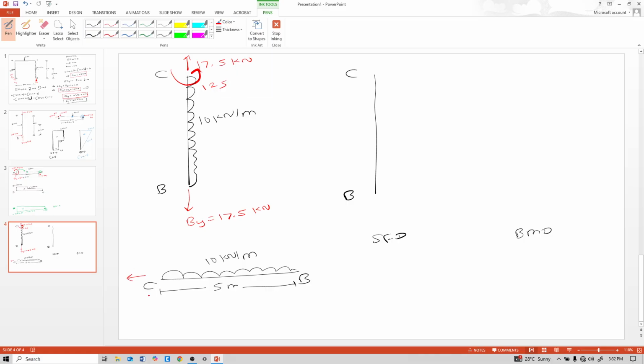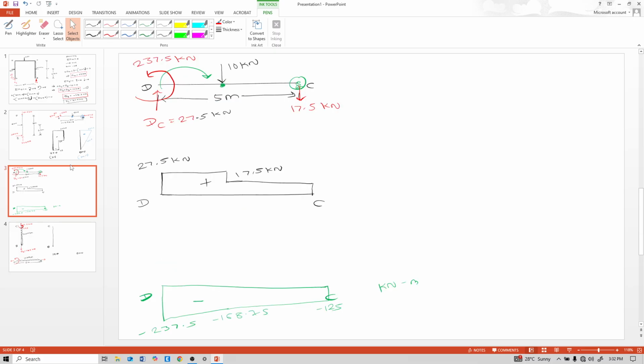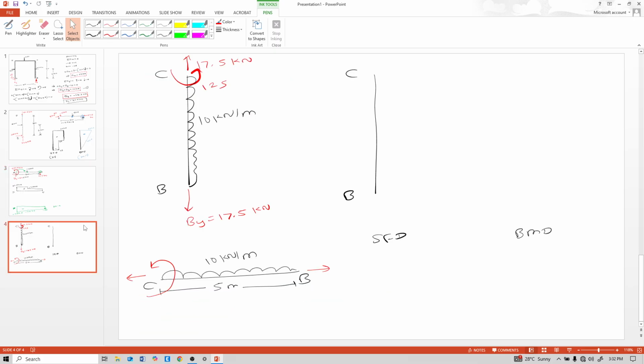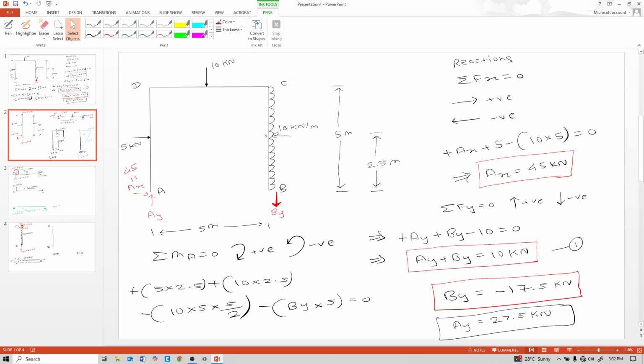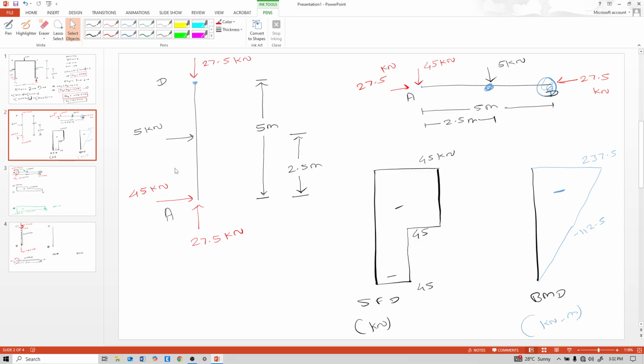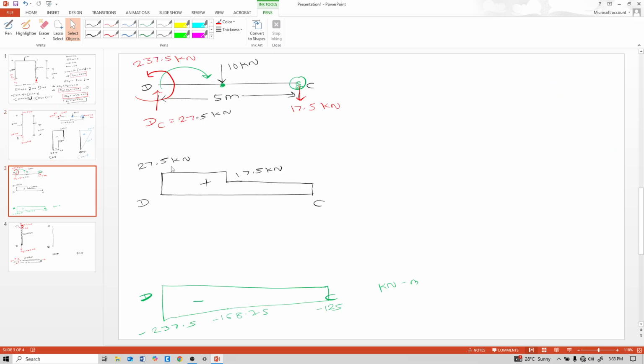This is this reaction, this is anti-clockwise. At point C there is this AX 40 kilonewton, so it is 45 kilonewton. Here 27.5 kilonewton, 17.5 kilonewton.